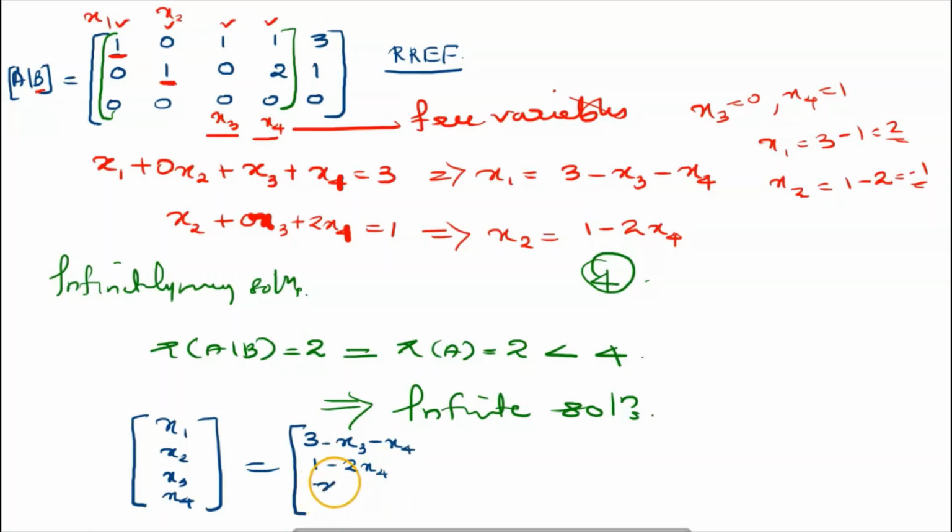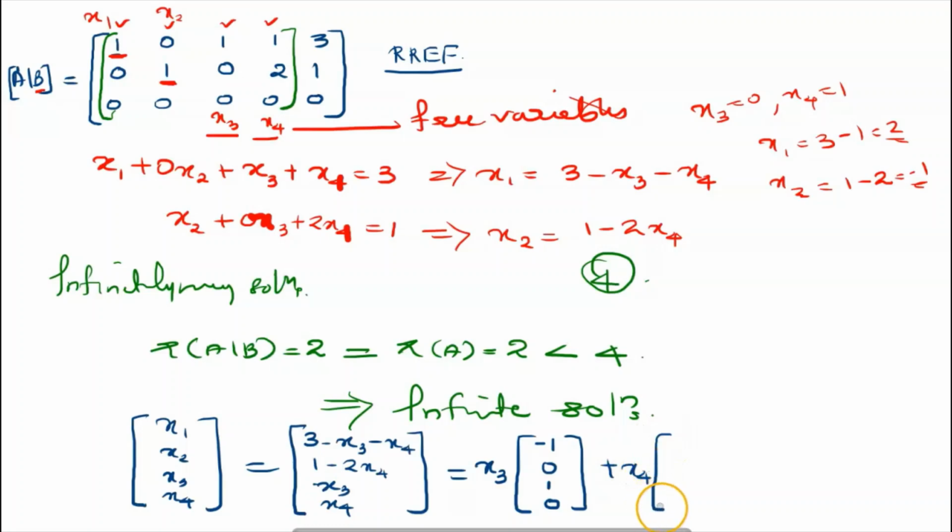Now I can write it as a combination of x3 and x4. For x3 we have minus 1 in the first row, no x3 in the second row, 1 in the third row and none in the last row. For x4 we have minus 1 in the first row, minus 2 in the second row, 0 in the third row and 1 in the last row. The remaining terms are 3, 1, 0, 0.